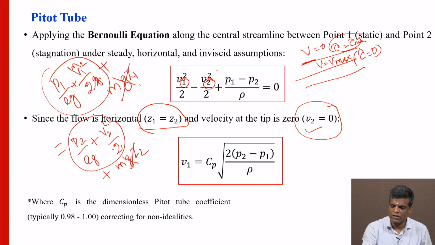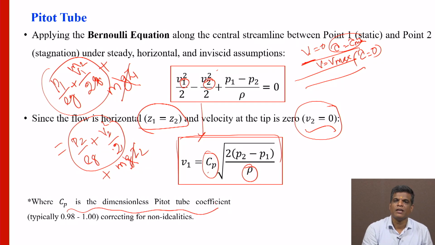So, here the velocity V2 is 0, then after solving this, we will get V1 equal to a function of the pressure difference, the density, and Cp. The Cp is the pitot tube coefficient. These are also dimensionless numbers. Sometimes we will see the drag coefficient.